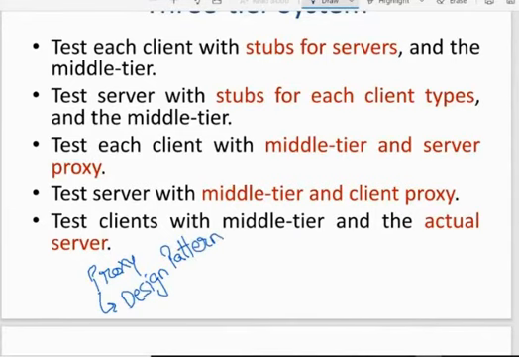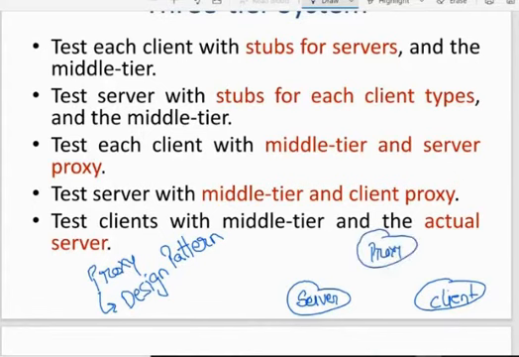We have a client on one end, and then we have the actual server, and then we have the proxy on this end. The client has no clue about these servers. The client is only aware of the proxy server.